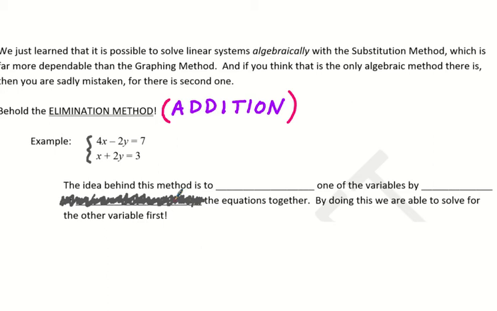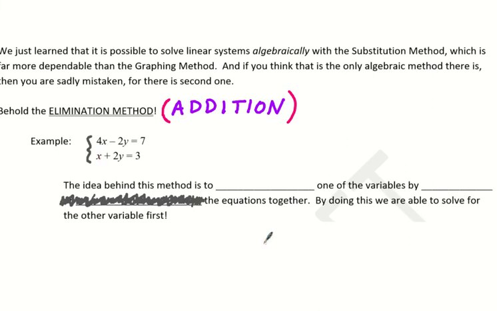You're absolutely going to run into systems like that. This is actually not a good example of that, because if you wanted to do the substitution method on this system, it wouldn't be that tough at all to solve for that x.